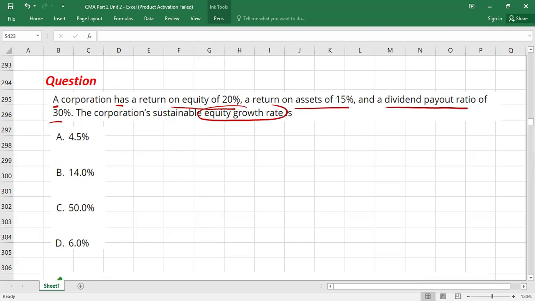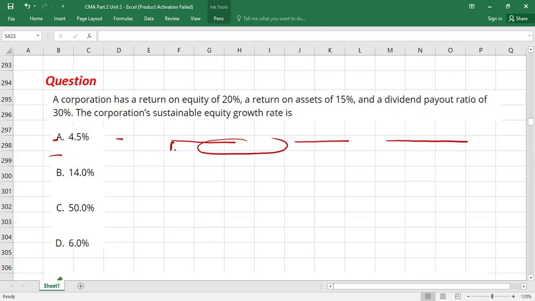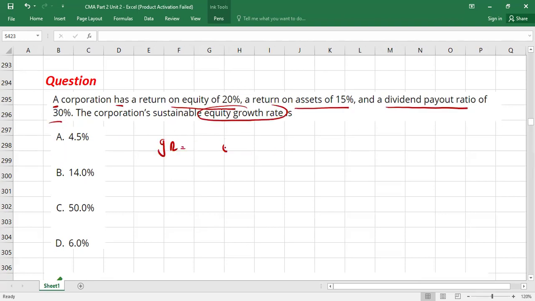You remember the formula for growth rate? What's the formula for growth rate, guys? Growth rate will be equal to, as I told you, return on equity multiplied by 1 minus the dividend payout ratio.